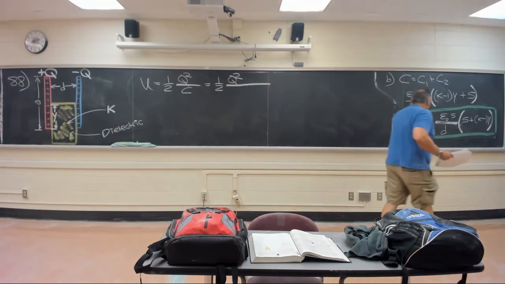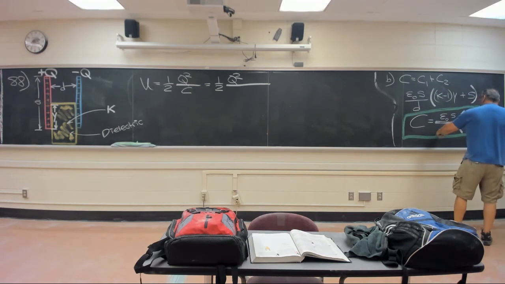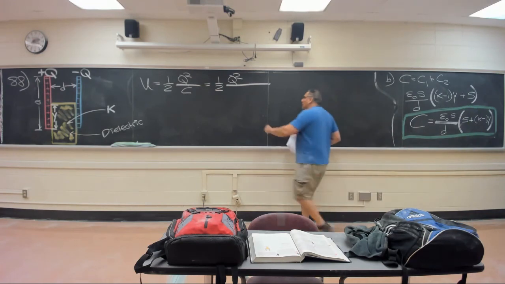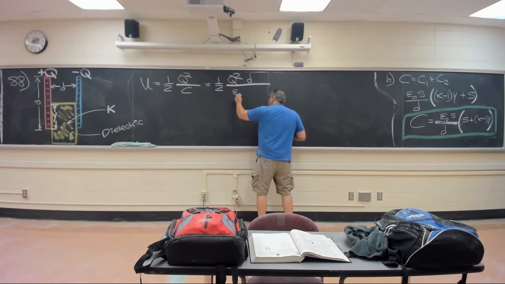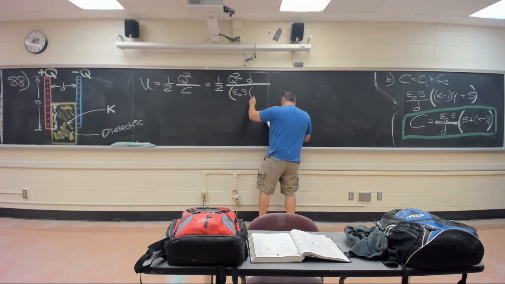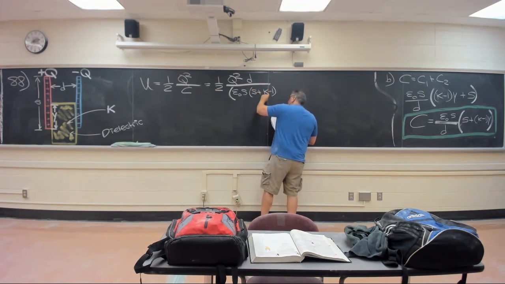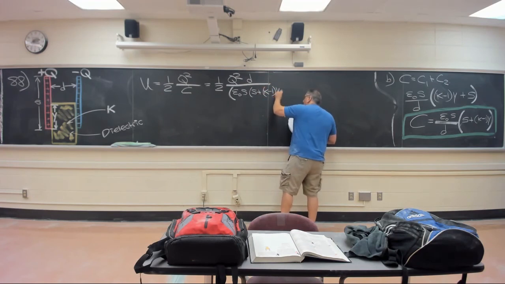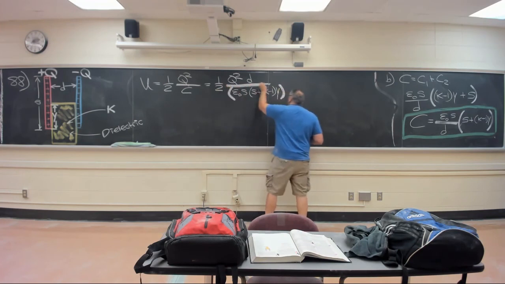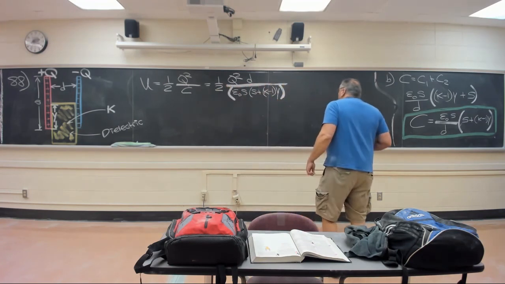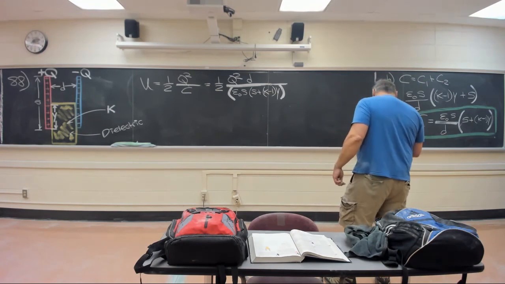What's the C? The C, this guy, with the C, the D flips up and these guys stay down. And you got epsilon naught S times S. Looks good.